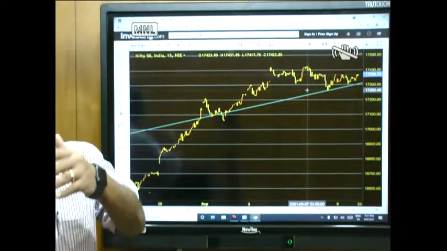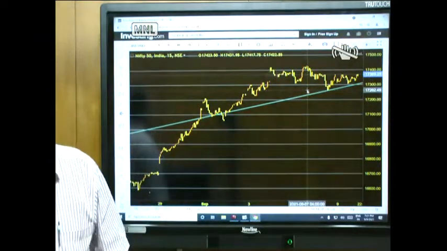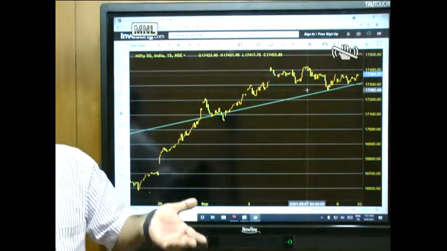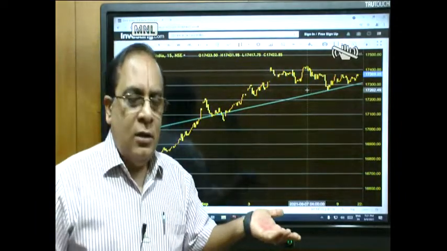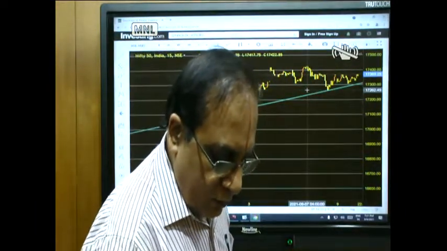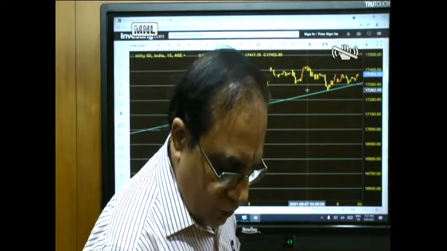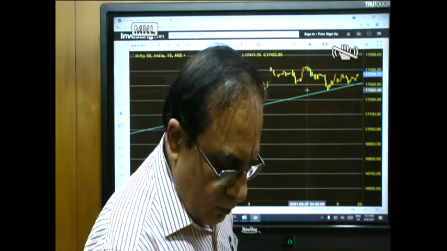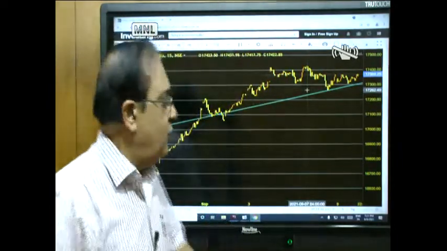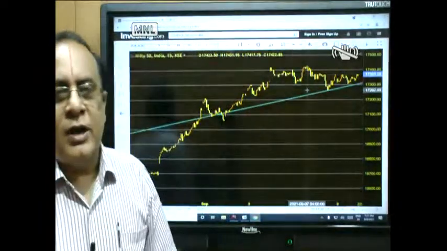The moment it came down below that and started to rally above 17,288, the next important level was the 0.5, which is about 185 points or so. So 17,431 minus 185, 186 or 187 was the 17,245, 250 level. It came down closer to 17,255 and then started to rally.